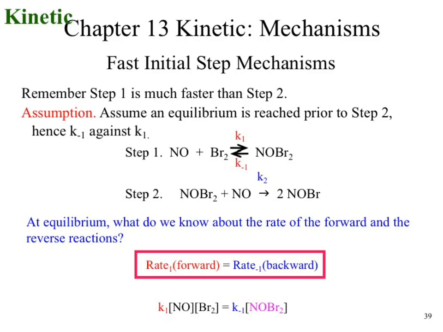Did I put in NOBr2 into the rate of my forward reaction? Why not? It's kind of a hard question. Doesn't exist yet. There it is. Our product does not exist. How can the product affect the rate of the reaction if it's not there?